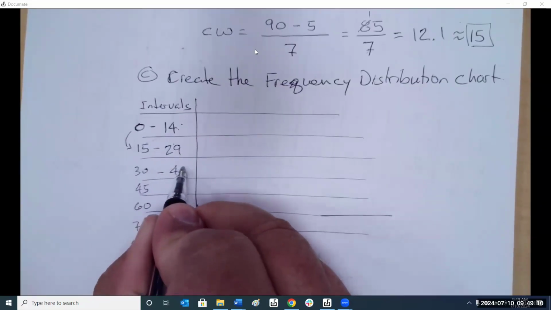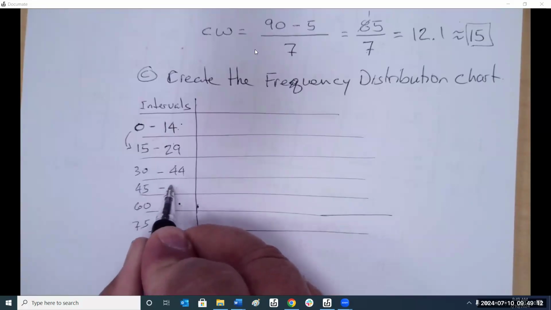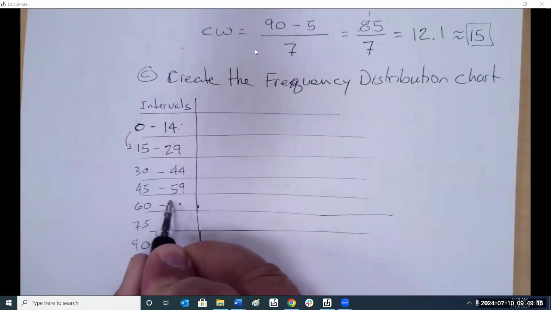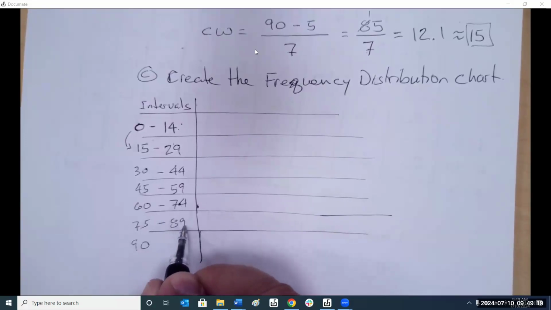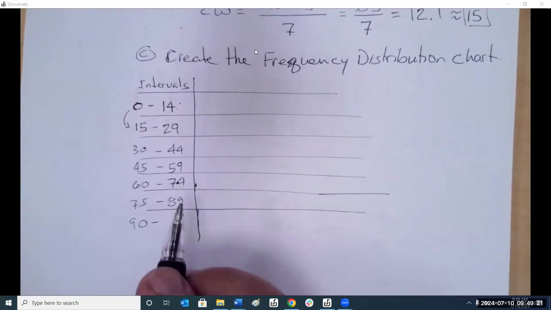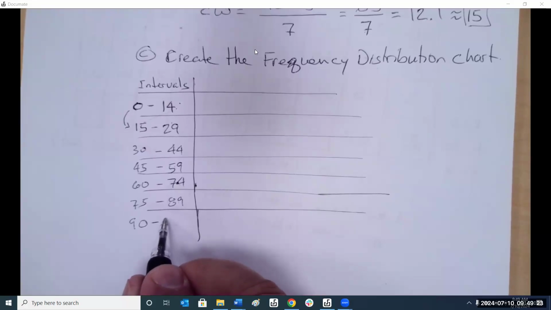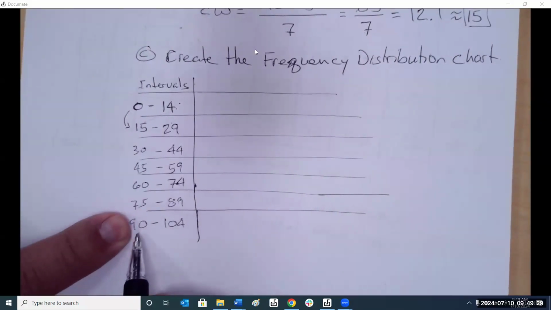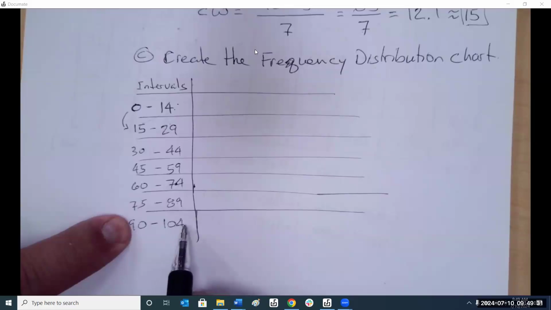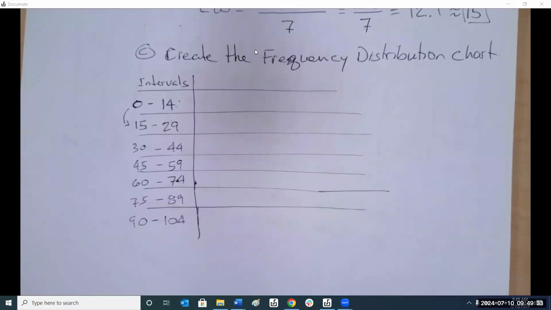This one goes to 44. So it's the same as if we start at 0, we had 14. So 104 is the 15th number. All right, so that's the first step.